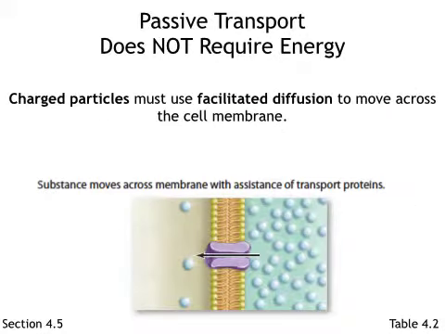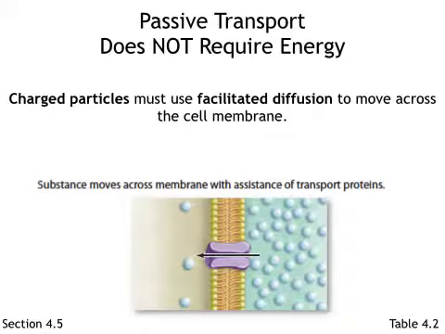Alrighty, now charged particles, we saw that those particles cannot go through the plasma membrane. They can't go through the cell membrane because that hydrophobic core, that nonpolar core, will not let particles that have a charge go through, right?